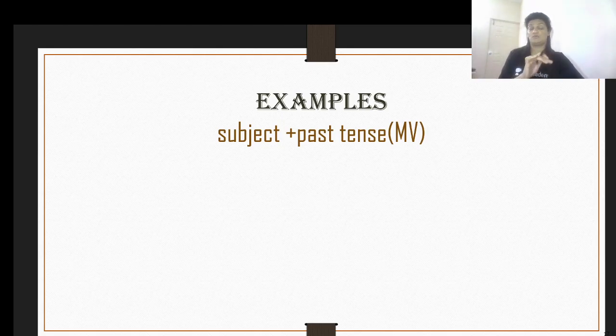We are not saying whether the action was completed perfectly, or if it is connected to past, present, or the future. We are simply mentioning that the action is completed in past, without mentioning when it actually started and when it actually stopped. Let me give you the examples with subjects.